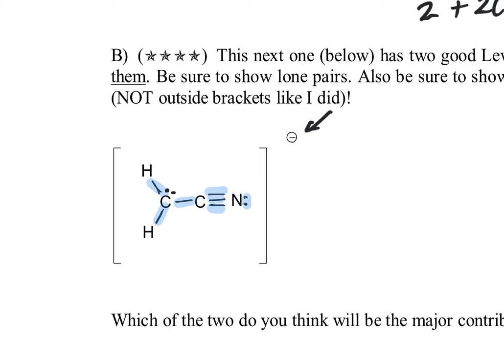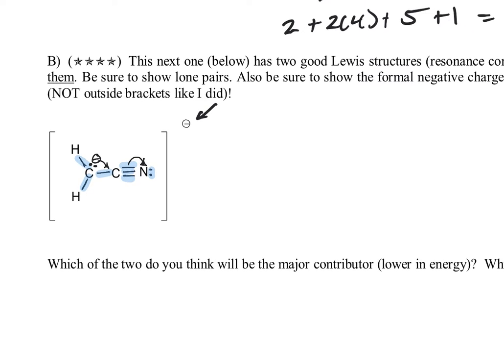But it turns out, that carbon would be negative. Well, we could have a resonance structure there that moves a double bond, produces a double bond between the carbons, which will break a double bond here.